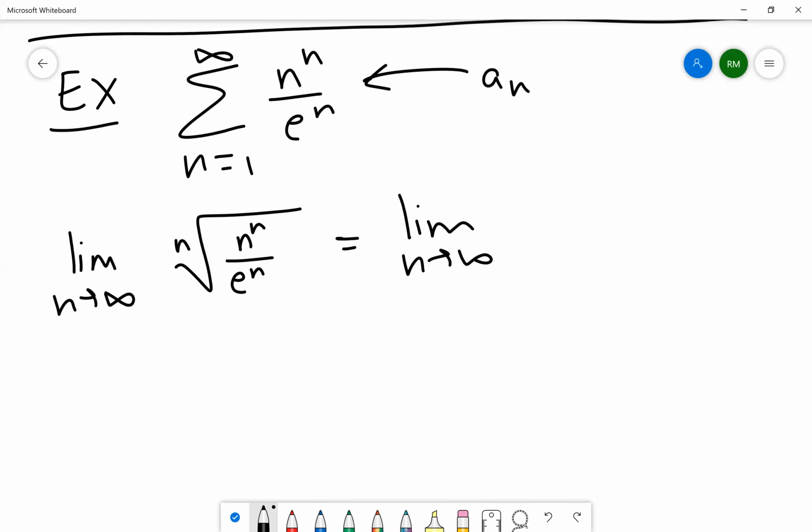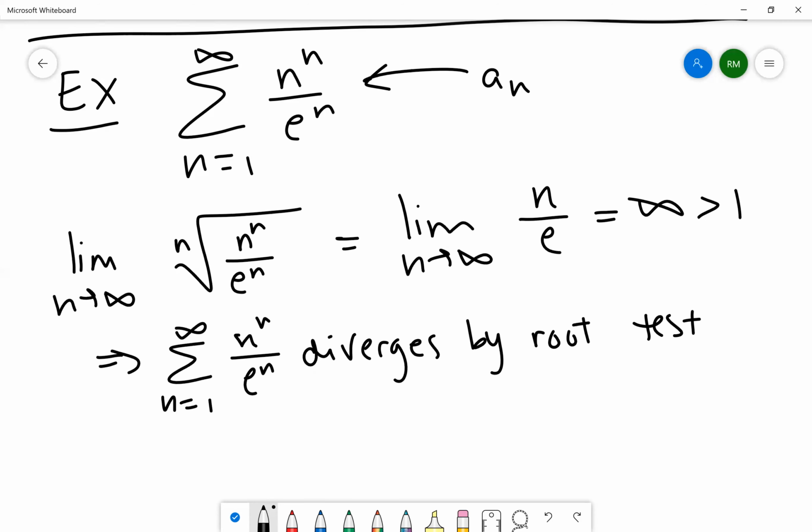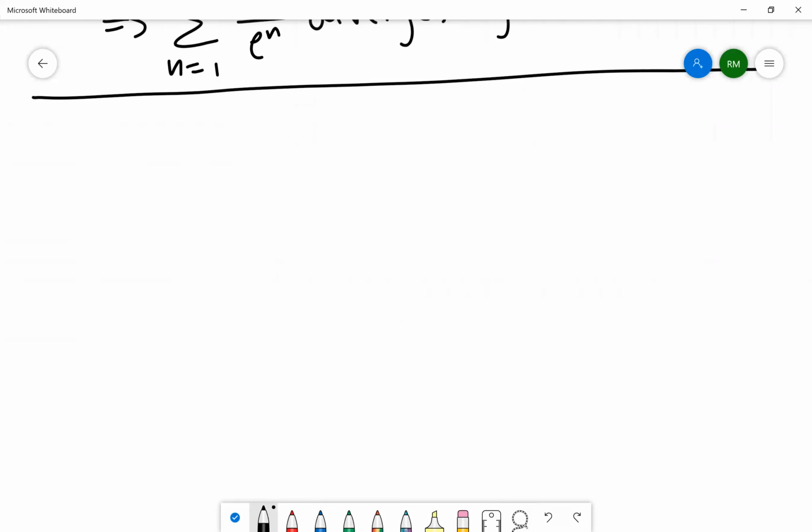If I take the nth root, this becomes n over e, and that limit is infinity, very clearly bigger than 1. And that tells us that our series diverges by the nth root test.